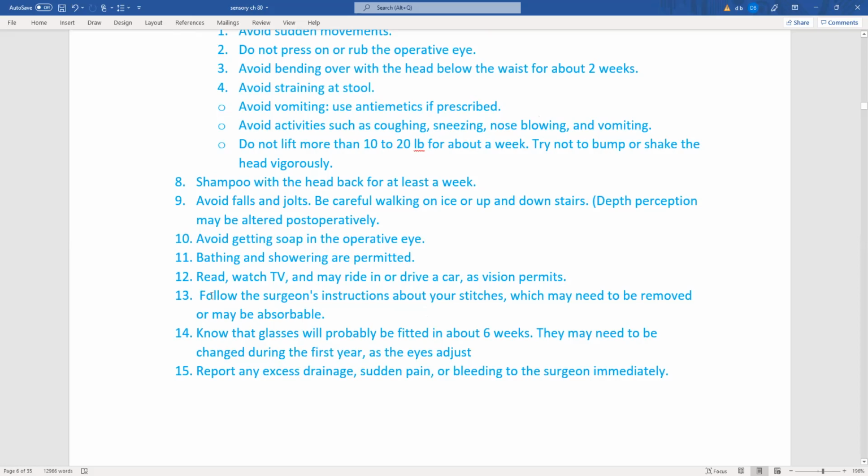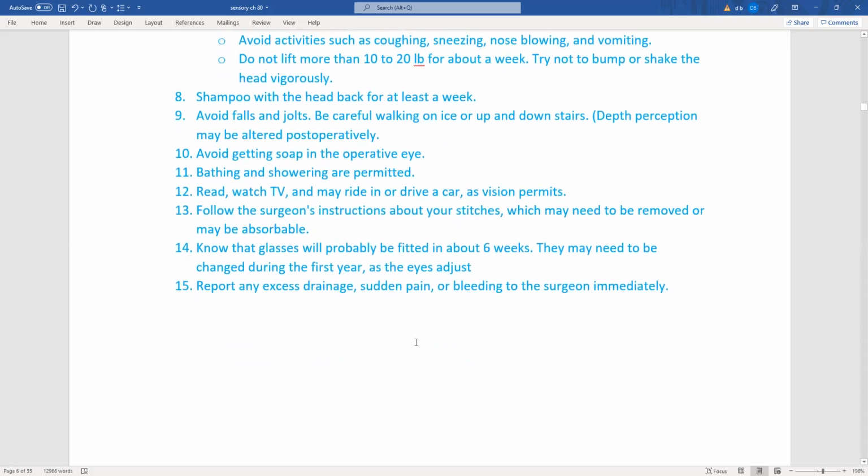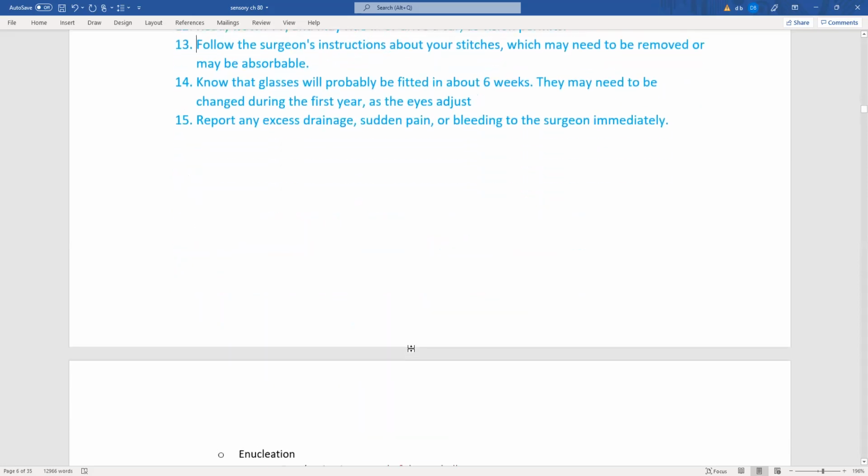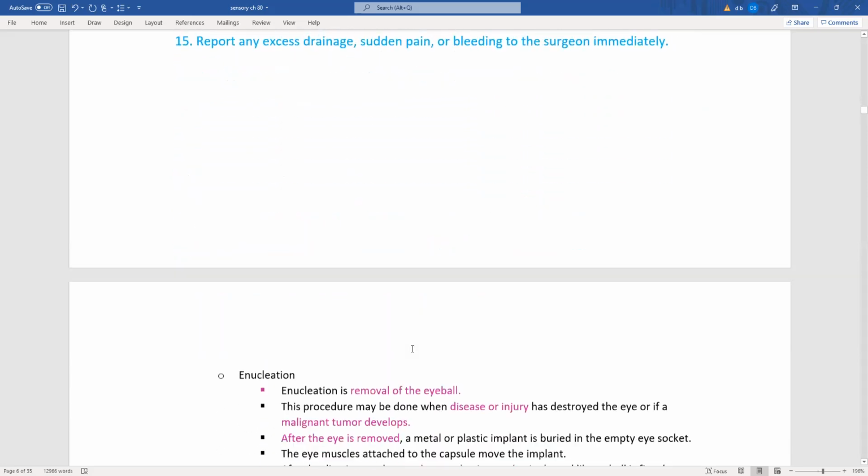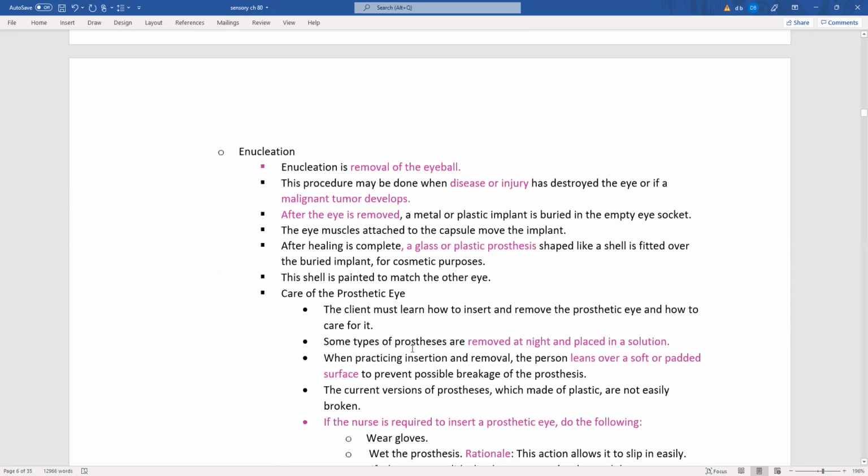Follow the surgeon's instructions about your stitches, which may need to be removed or may be absorbable. Know that glasses will probably be fitted in about 6 weeks. They may need to be changed during the first year as the eyes adjust. Report any excess drainage, sudden pain, or bleeding to the surgeon ASAP.